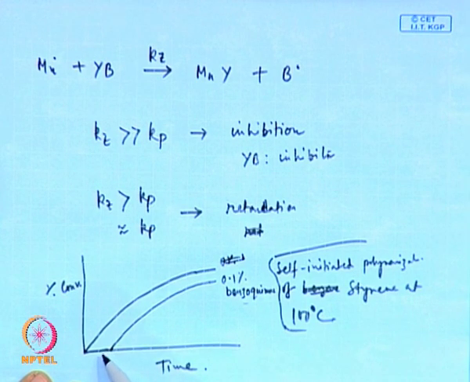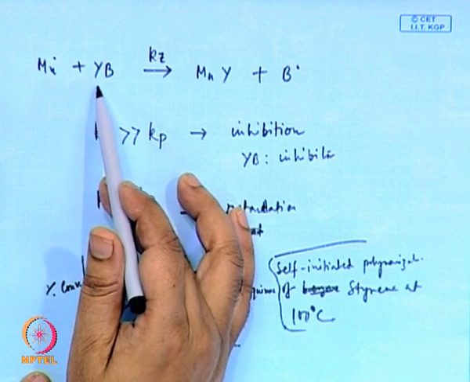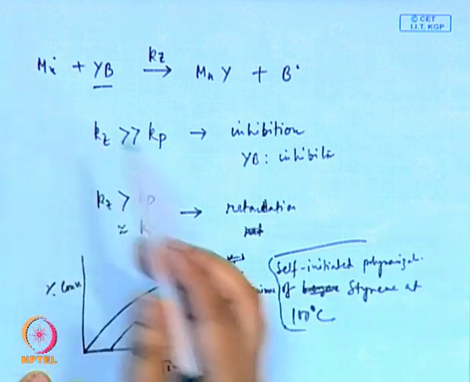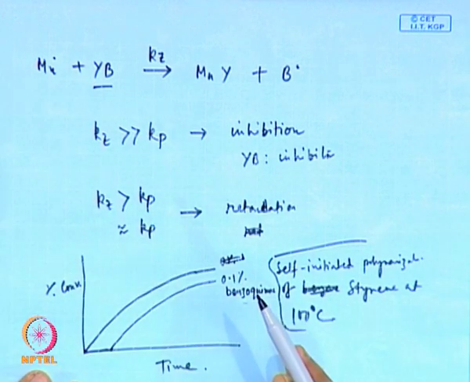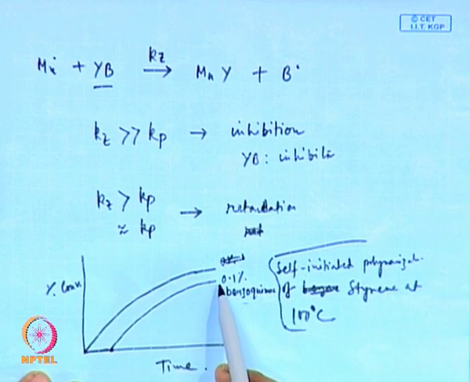Which means, as soon as a radical is formed, it reacts with the benzoquinone present, so no monomer is converting into polymer. Once this benzoquinone is over, then the polymerization reaction starts normally.